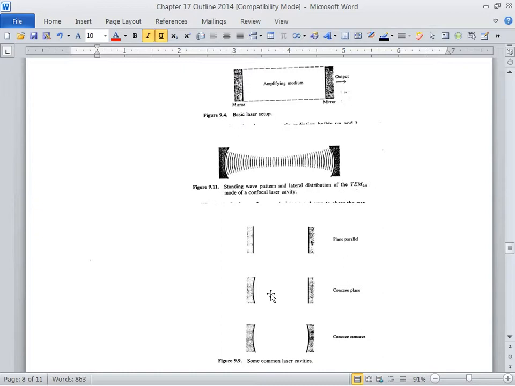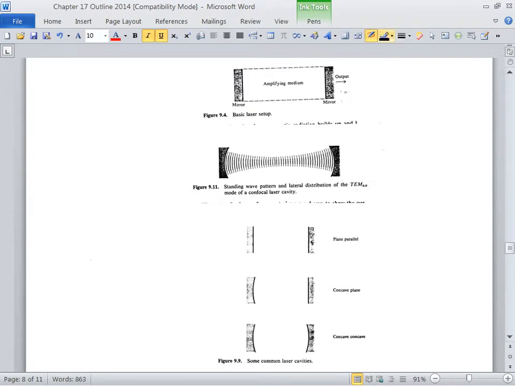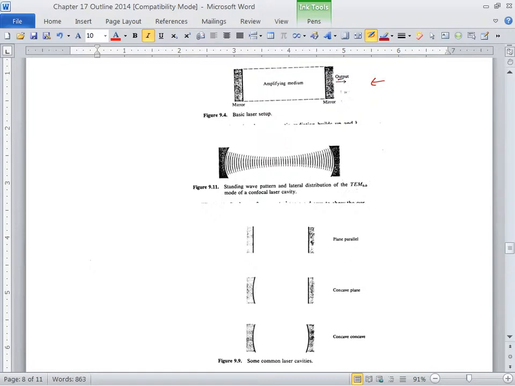In the handout, I'm trying to get you to see what it's like from beginning to end here. In this first one, here's the laser output. But in building these lasers, what do they all have in common? They all have their mirrors, right? And then inside is the amplifying medium.